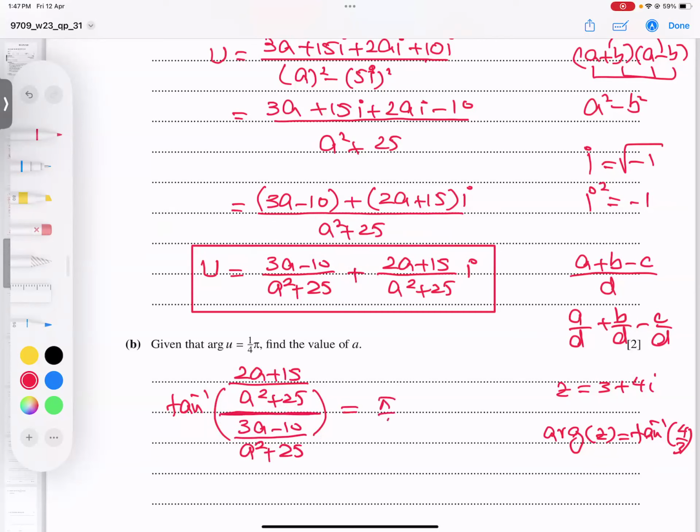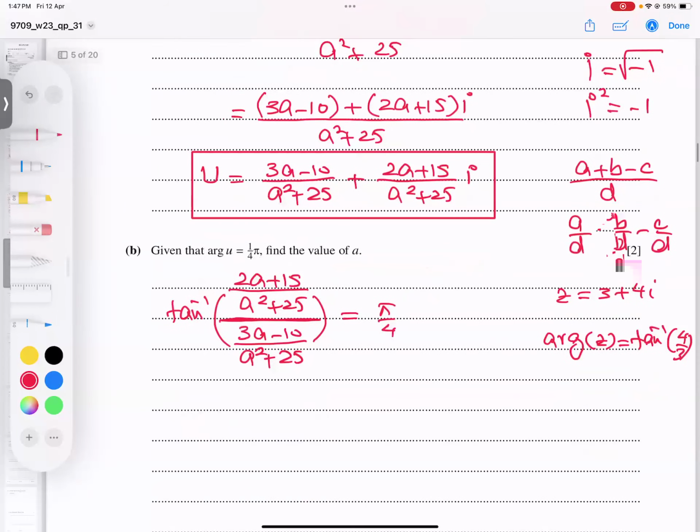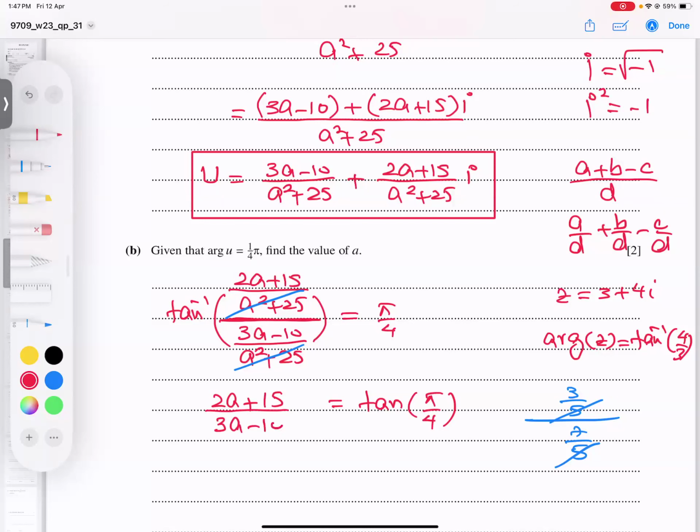And pi by 4. According to the algebraic property, you have 3 by 5, 7 by 5, so this 5 will cancel out. And when tan inverse goes to the other side, it becomes tan, so the inverse is eliminated automatically. What is left is (2a plus 15) over (3a minus 10).